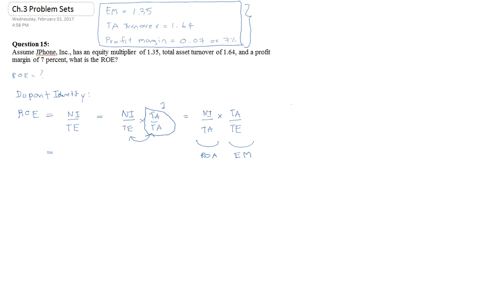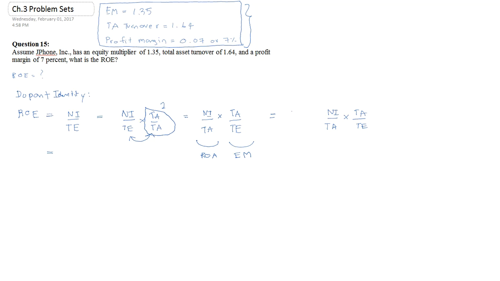All right. We can also continue working on this, making it a little more fun. I'm going to write down the one that we had before: net income divided by total asset and total asset divided by total equity.